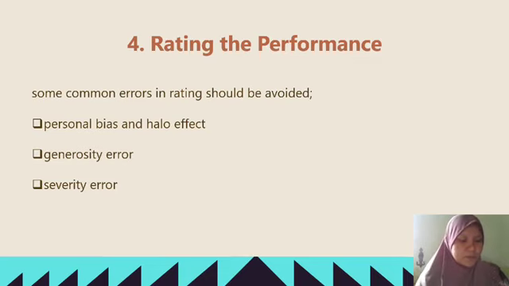And the next is central tendency error, in which the students are rated in the middle. On the other hand, the halo effect occurs when the teacher's general impression of the students affects score giving on individual traits or performance.